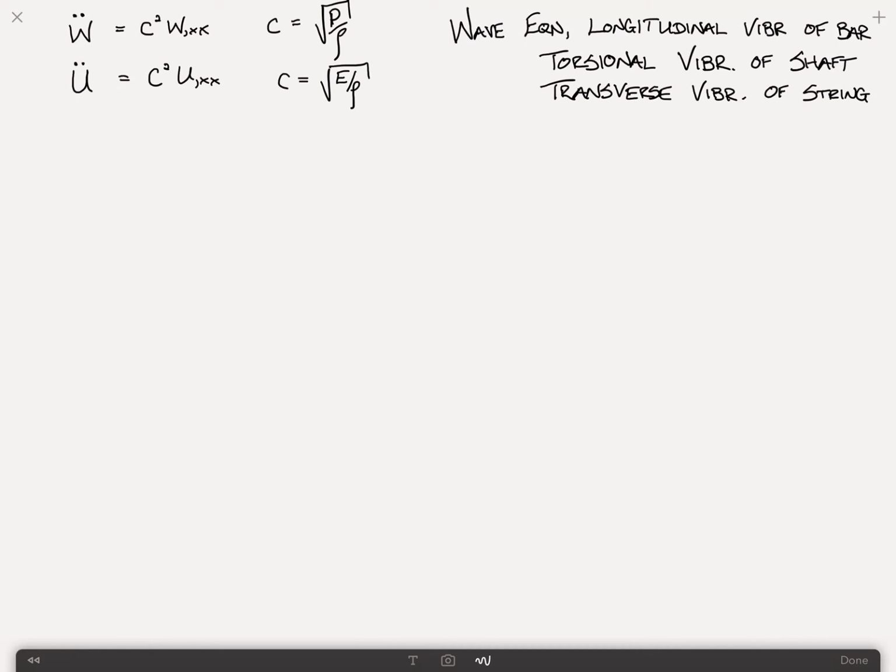And here is a link to where we solved these equations of motion for the case of the longitudinal vibration of a bar. I'm not going to go through it step by step, but I will mention what we did. We, of course, used the method of separation of variables.